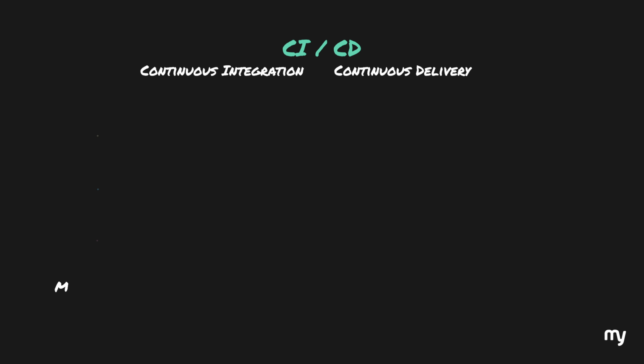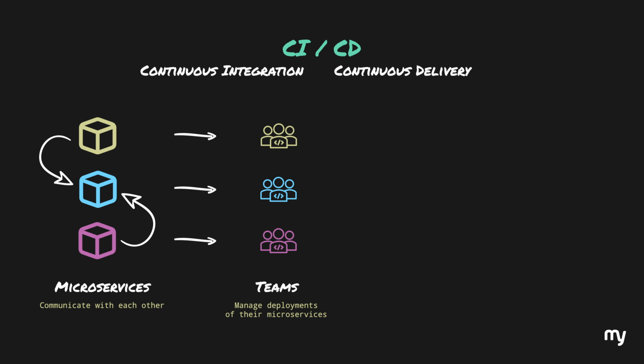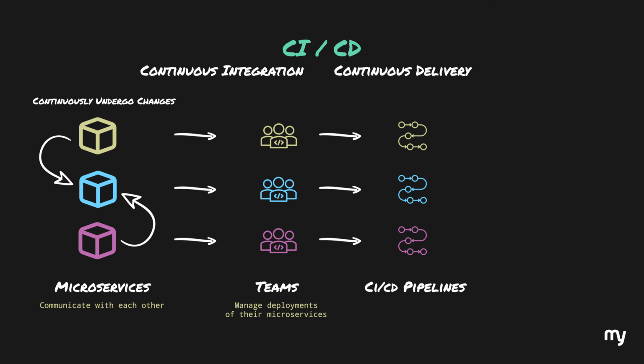Today, with the rise of microservices architecture, applications consist of various services that communicate with one another. These microservices are usually owned by different teams who are responsible for managing their respective deployments. In addition to this, all of these microservices continuously undergo changes. This is where the CI/CD pipelines came into the picture.